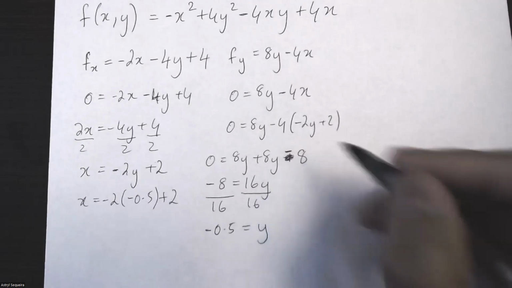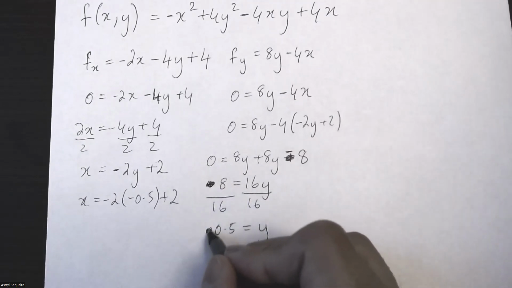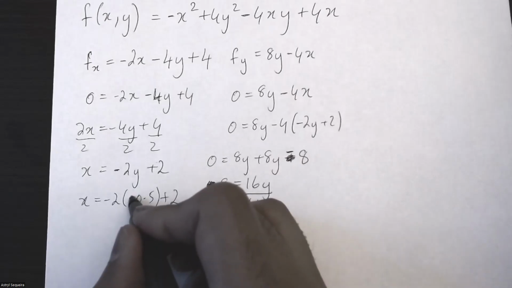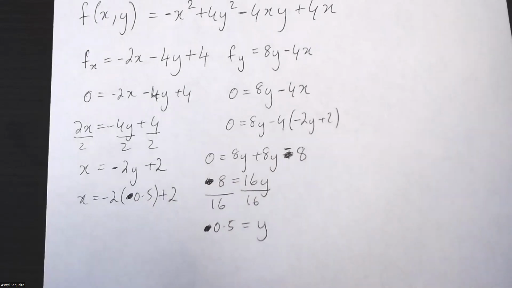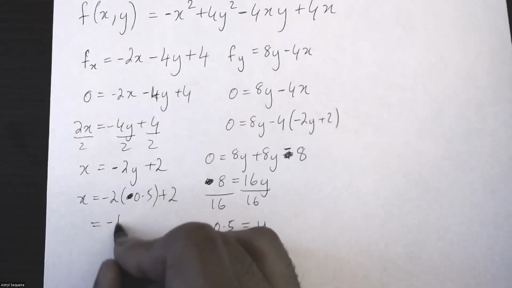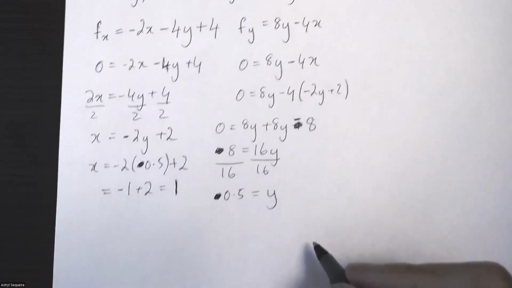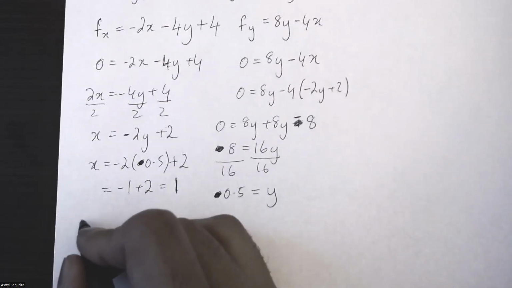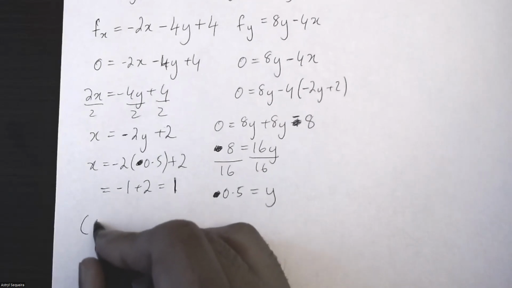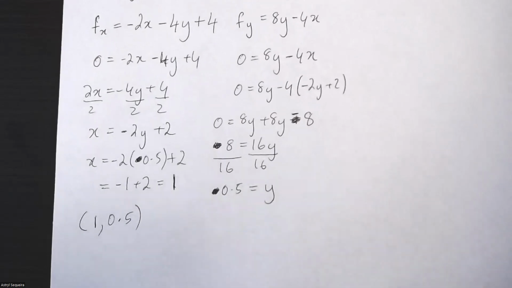This is minus 8, not plus 8. Means this is positive 8. This is positive 0.5, making this positive 0.5. So that negative 2 times 0.5 is negative 1 plus 2, which means my x is just 1. So in this solution, I have one critical point, which is 1, comma 0.5.